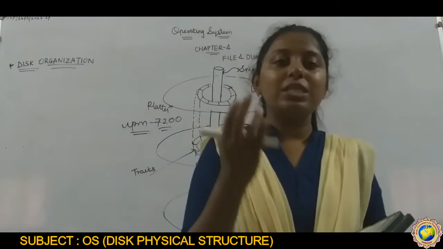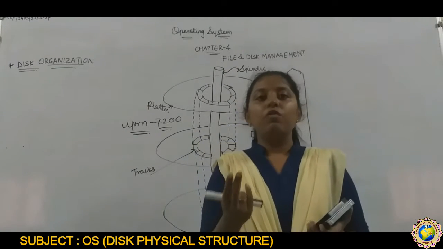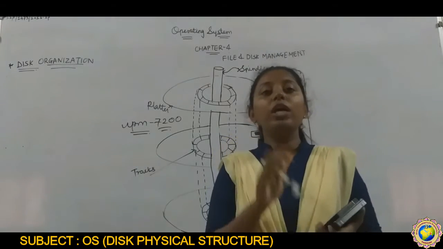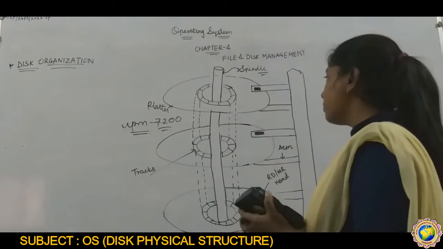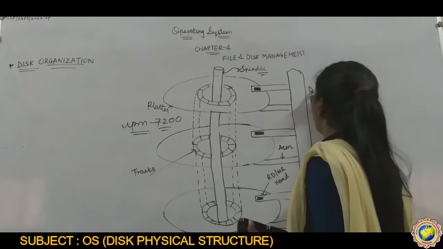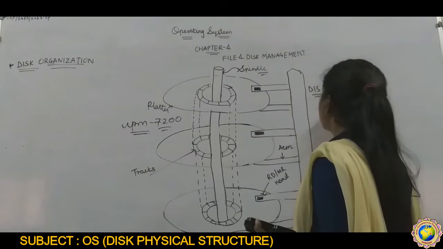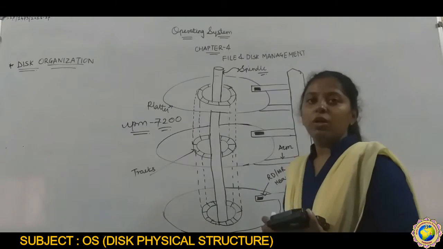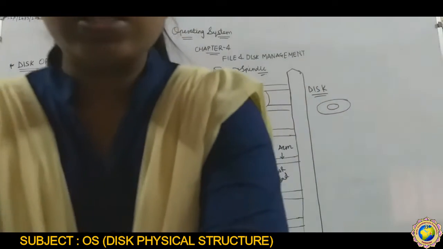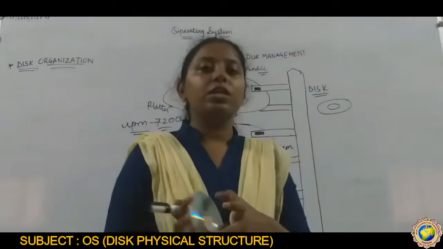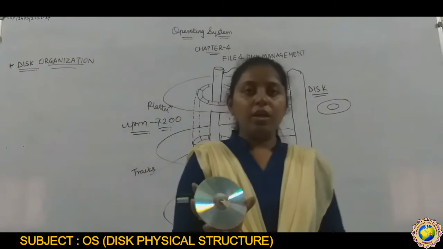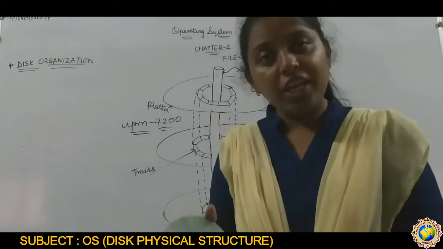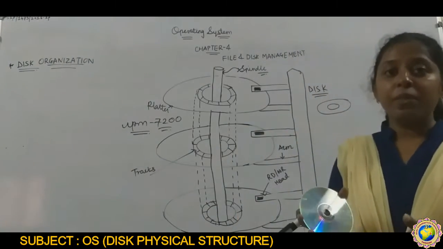We use CDs and VCDs for storage purposes. That is called a disk, a compact disk.